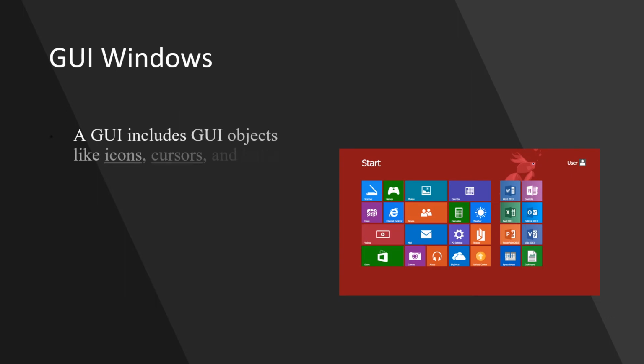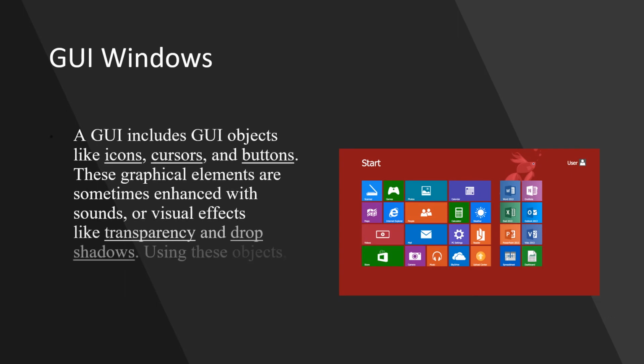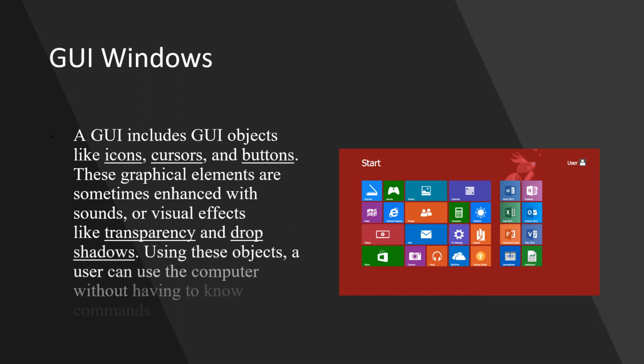A GUI includes GUI objects like icons, cursors, and buttons. These graphical elements are sometimes enhanced with sounds or visual effects like transparency and drop shadows. Using these objects, a user can use the computer without having to know commands.